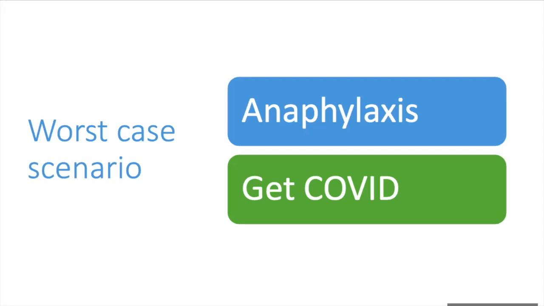This is not an answer I can give scientifically, but in my opinion, the worst case, or what's the worst thing that could happen, is either you have an allergic reaction to the vaccine, or you get the vaccine, everything is fine, and you still get COVID. Beyond that, I can't give you scientific evidence of worst case scenarios, but I think that these would be some of the bad things that happen.